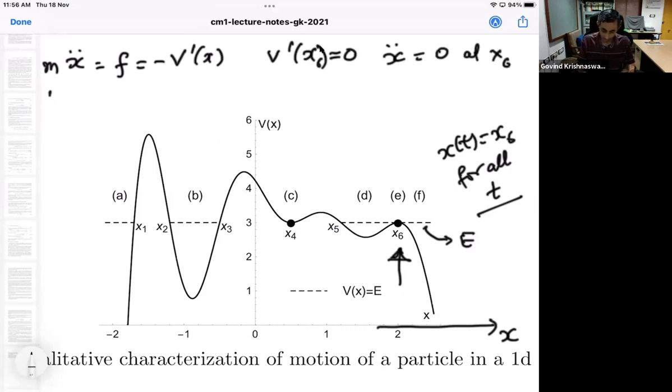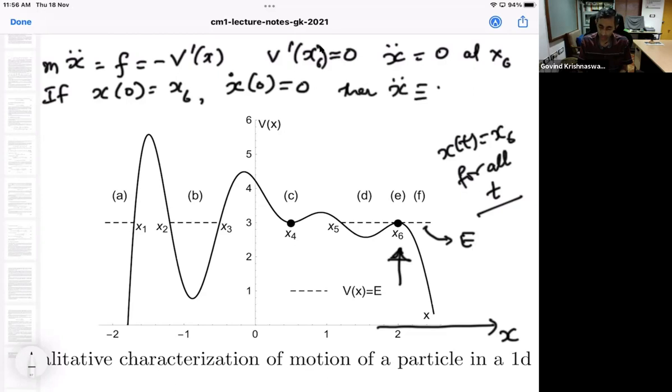So if we start the particle at time 0 at x6 with the initial velocity x dot at time 0 also 0, then x double dot identically equal to 0 is a solution of the equation of motion, because the right-hand side would remain 0 for all time.